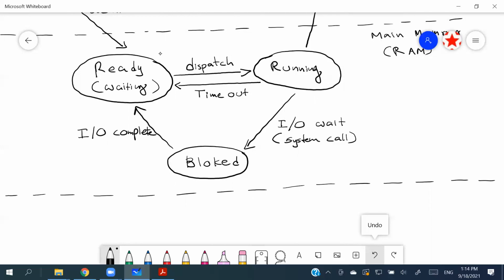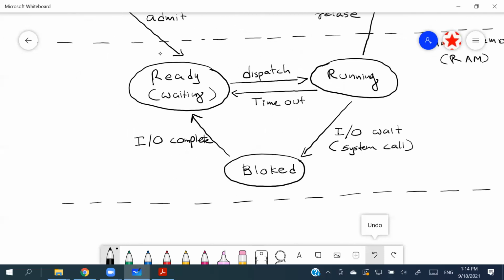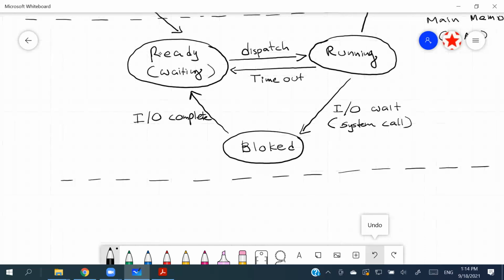So RAM is crowded due to two different reasons. One reason is there can be processes which are being blocked. And there can be processes which have the waiting state.